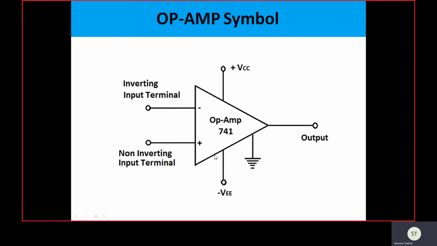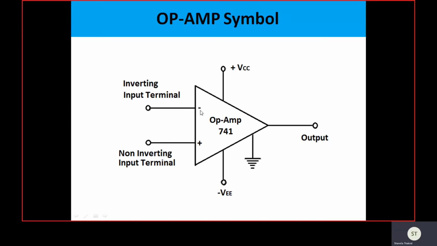This is the symbolic notation of the operational amplifier, and practically we are going to use the 741 IC. In this 741 operational amplifier IC, the notation we use to designate the operational amplifier symbol is a triangle, and two input terminals are there.